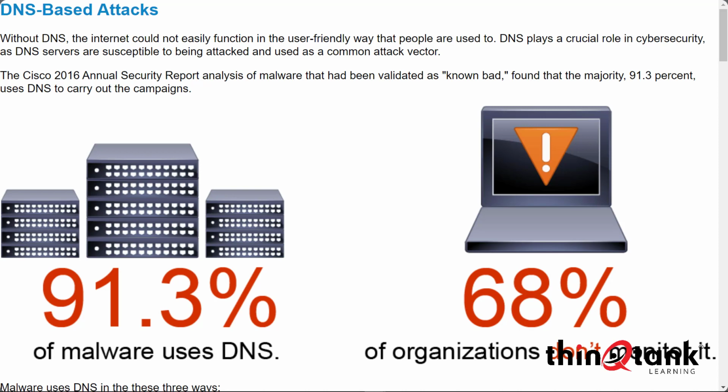More alarming, though, is that 68% of organizations, based on IT security professionals that were queried by Cisco, said that they don't actively monitor how they manage DNS within their organization, or even the DNS messages being sent back and forth within the organization. That's pretty significant if you put those two numbers together.